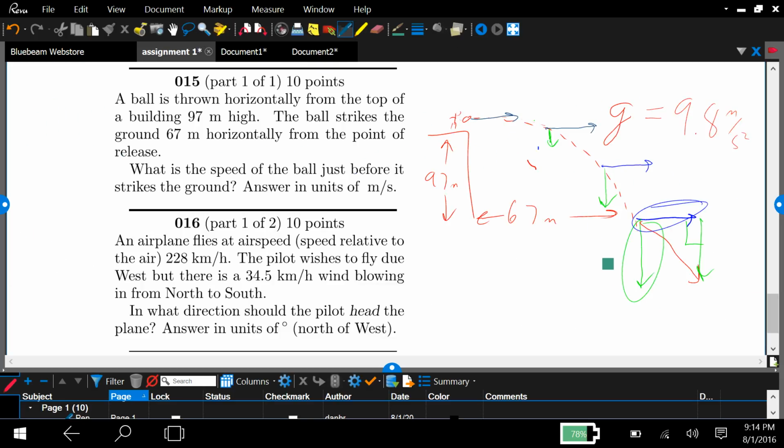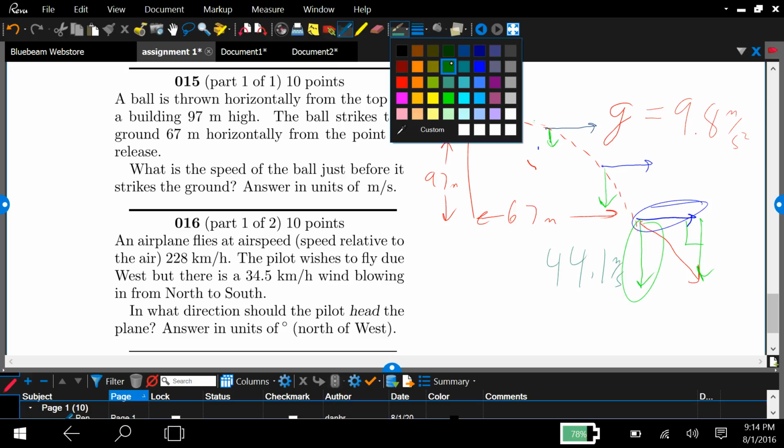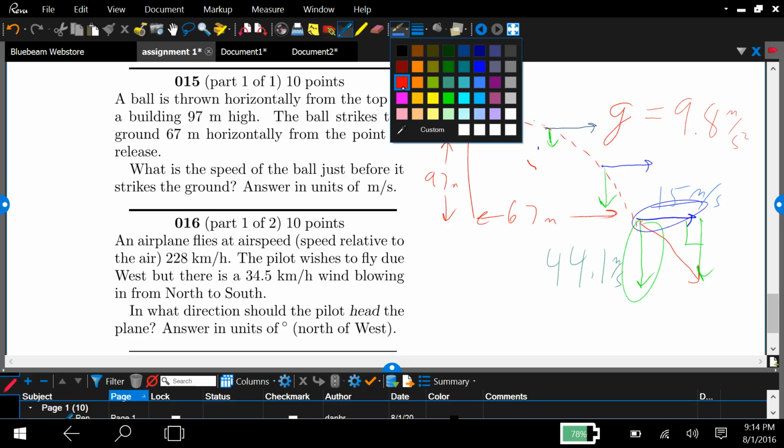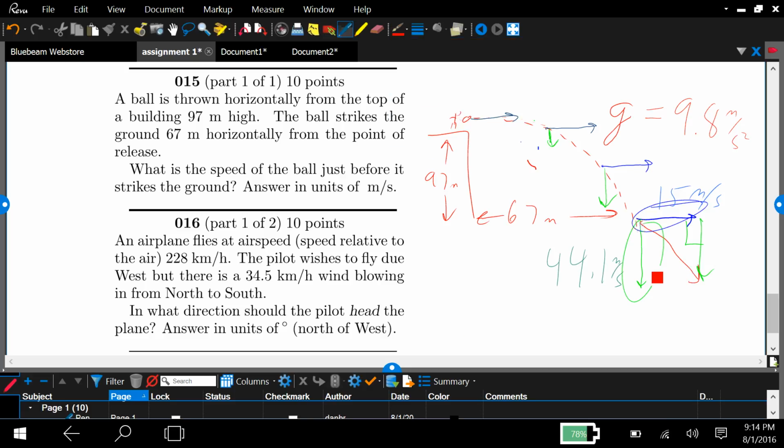So now to solve the problem, I'm going to jump back to this page here with the homework. I have 44.1 meters per second, and then for the other one here, we had 15 meters per second. The red's actually what I want to know. It's the hypotenuse of the two, and so that's going to be like the c squared in my Pythagorean theorem.